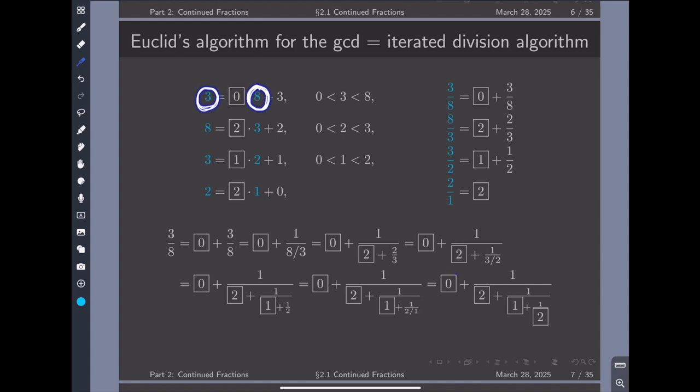I noticed that the first one could have been negative, but all the other integers that appeared are necessarily positive, and were precisely the quotients. The quotients, when I divided 3 divided by 8, the quotient. 8 divided by 3, the quotient, etc.